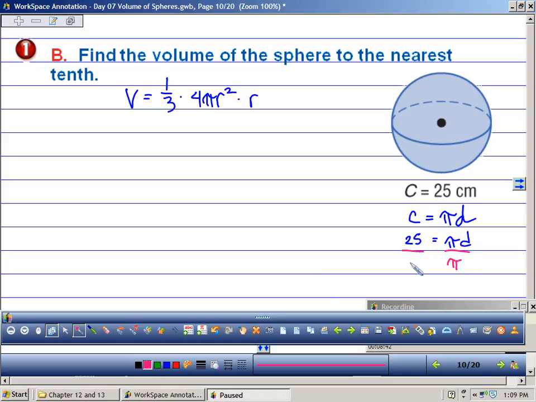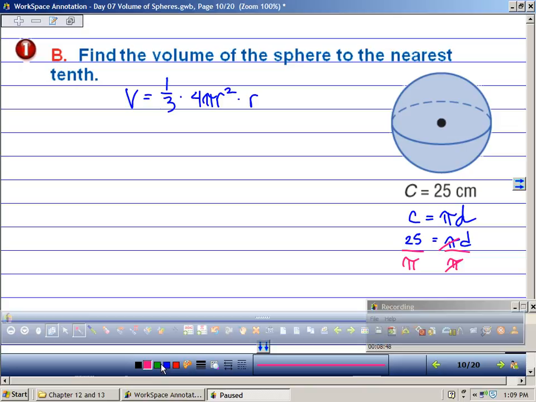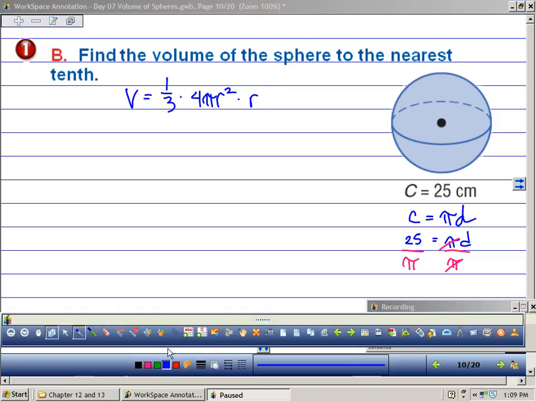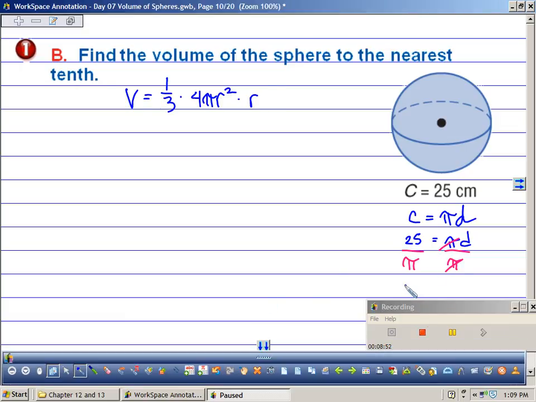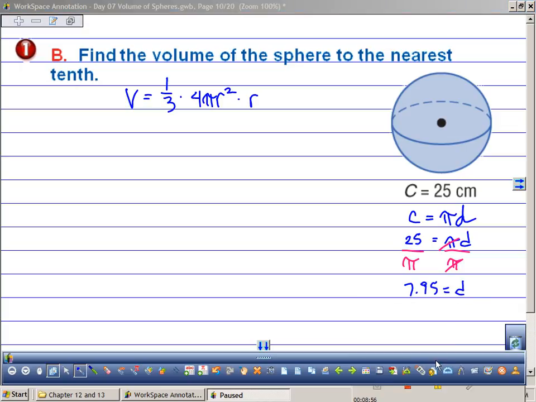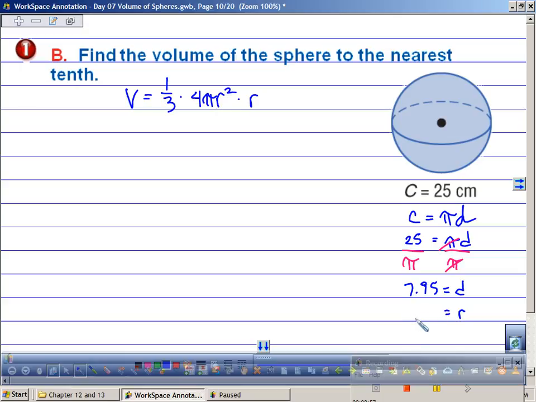Divide by pi. Take 25 and divide it by pi for me. Well, 7.95. 7.95 equals the diameter. If that's the diameter, what's the radius? Divide that by 2. 3.97.